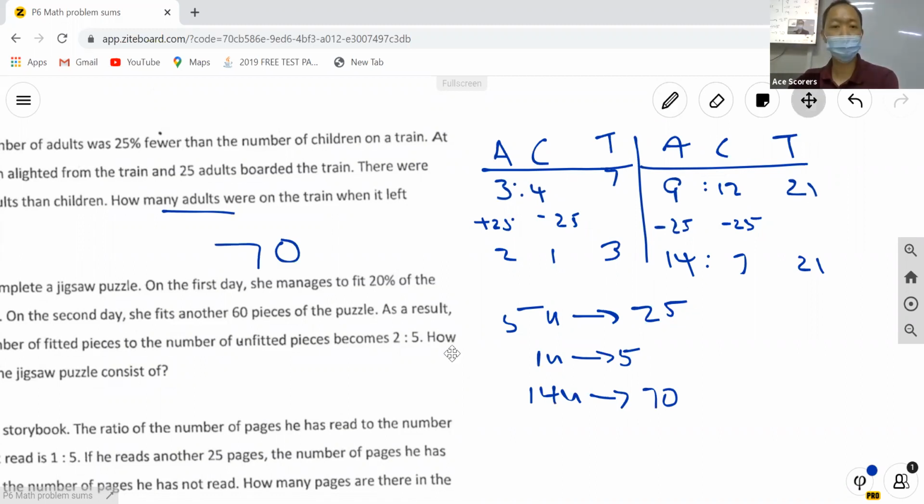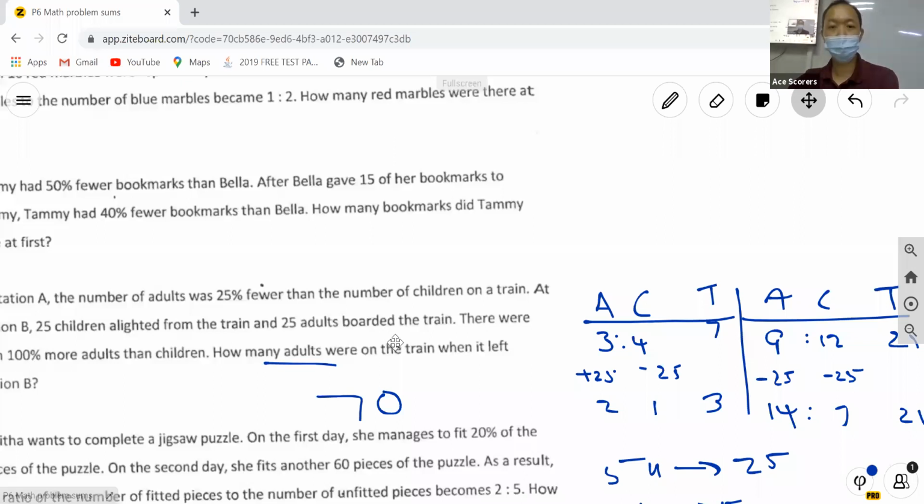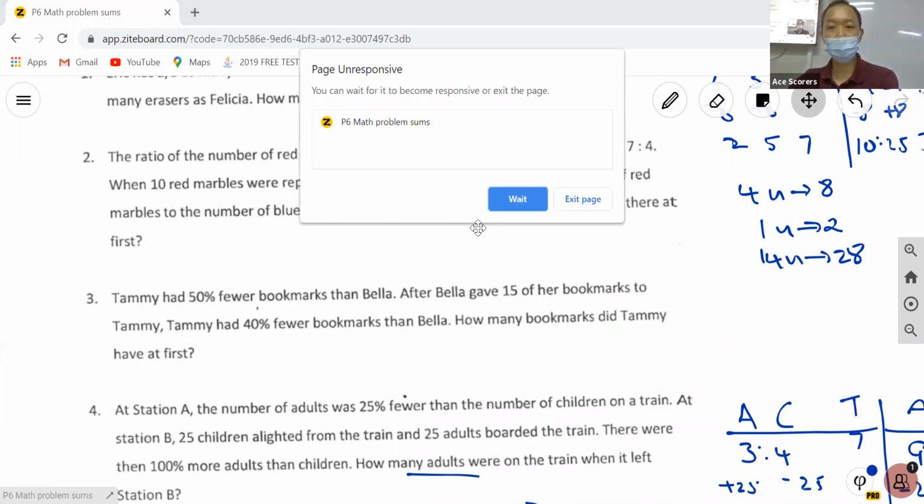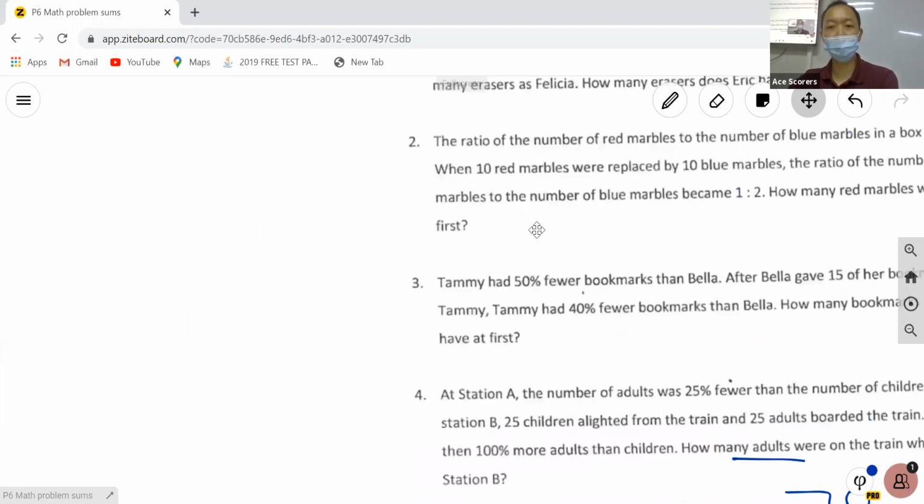Okay, next. We go through the previous two. So question 2. The ratio of the number of red to blue was 7:4. Then 10 were replaced by 10 blue. So in this case, you plus 10 and you minus 10.